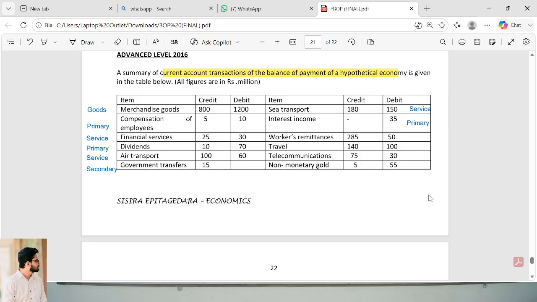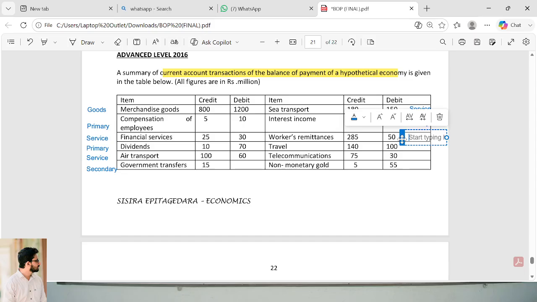Next, workers' remittances. Workers' remittances are considered private transfers.